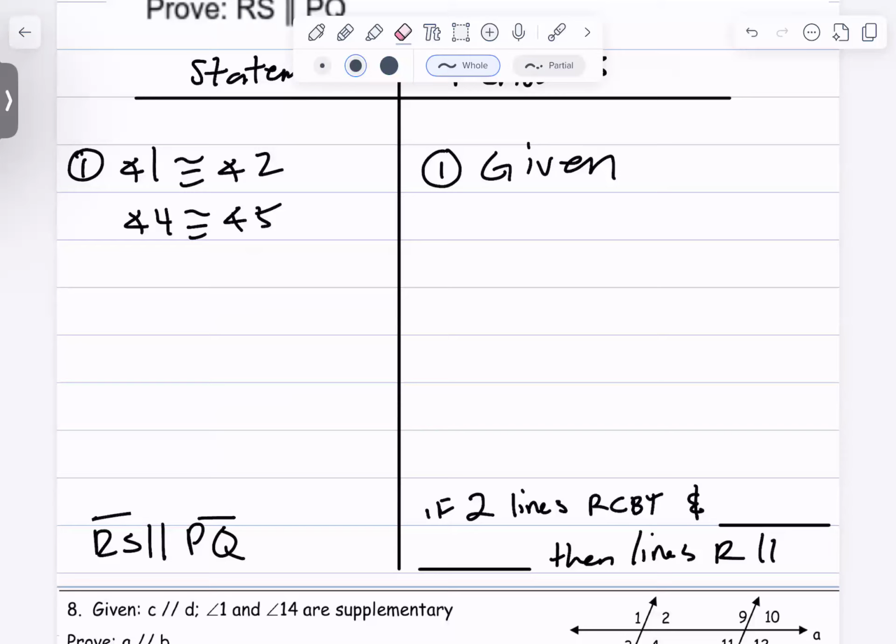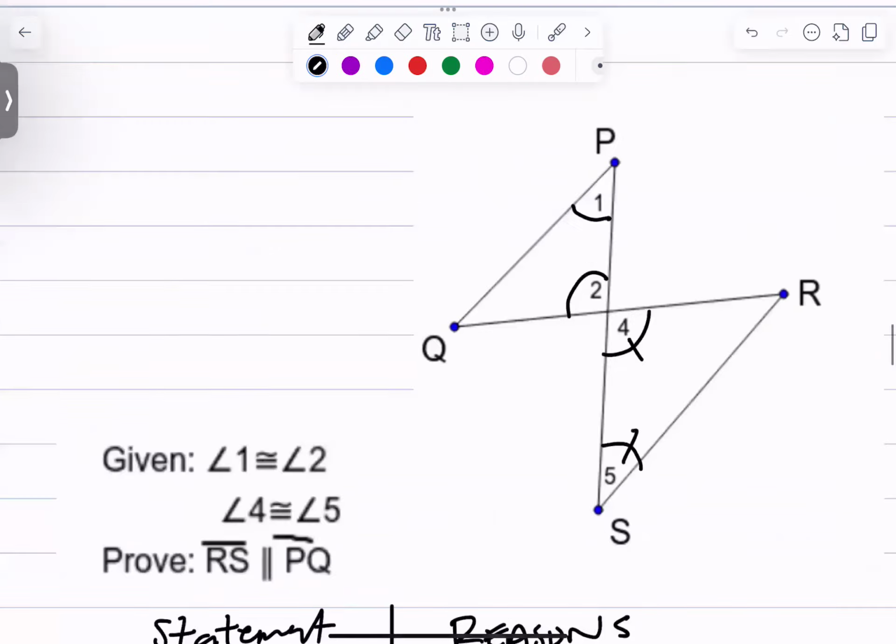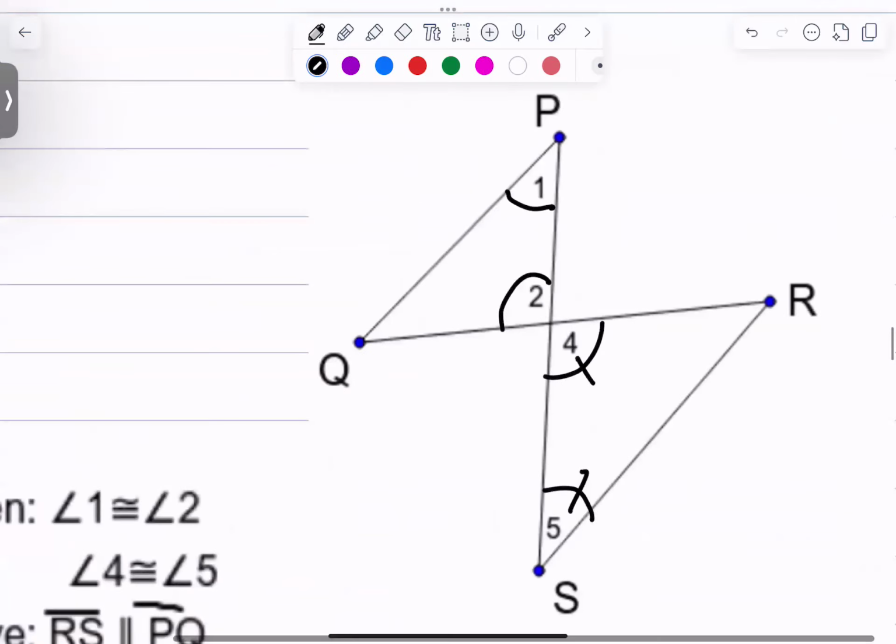How about this? I'm going to approach this a little bit differently. We know information about angle 1 and angle 2 and angle 4 and angle 5. Let's assume, big word, assume, important word, assume that they are parallel. Let's assume that that is true. The proof statement is true.